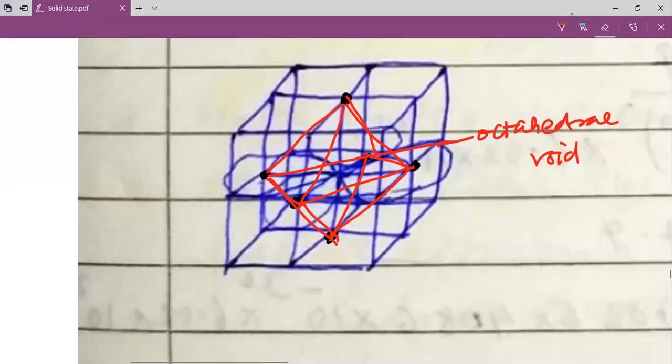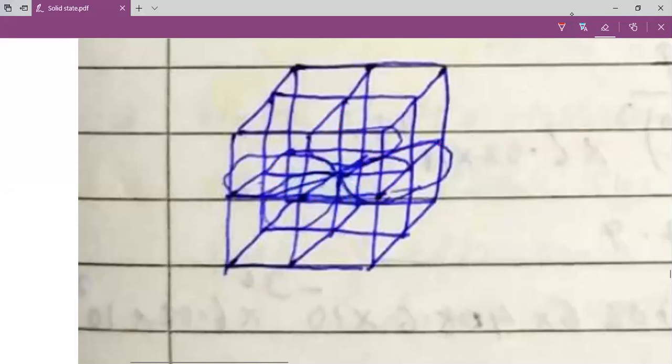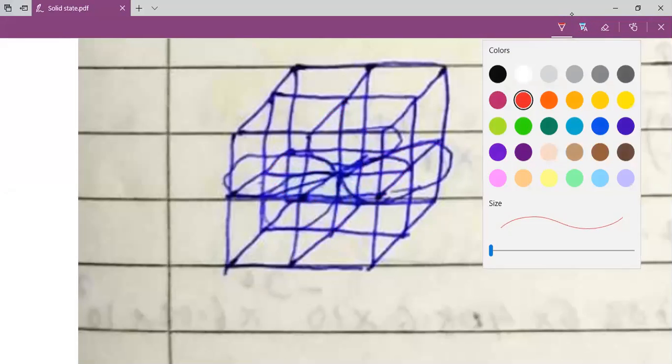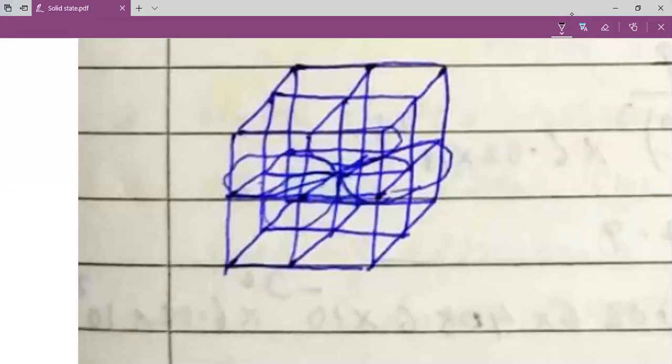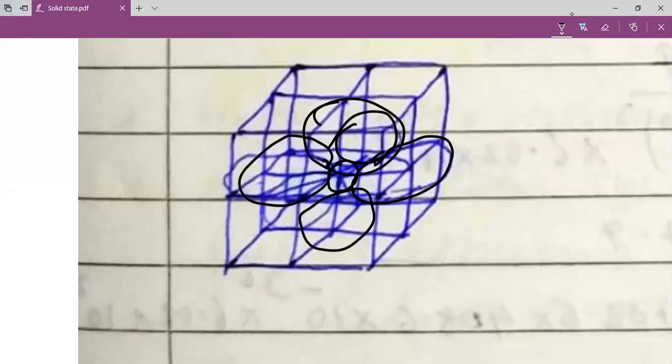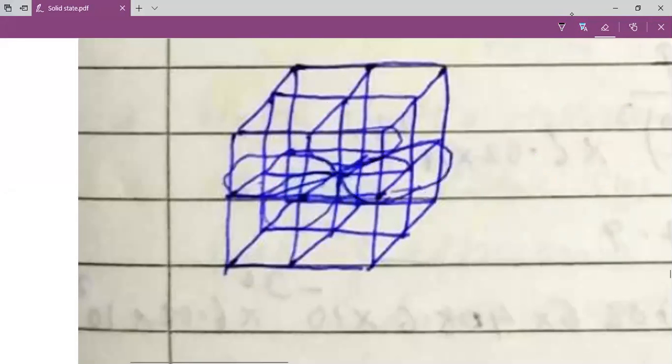This void, my dear students, which is an octahedral void, has particles present around it, surrounding this octahedral void in this manner. So 4 particles in the same plane, one is above and another one is under this. This is how you can understand the octahedral void, my dear students.